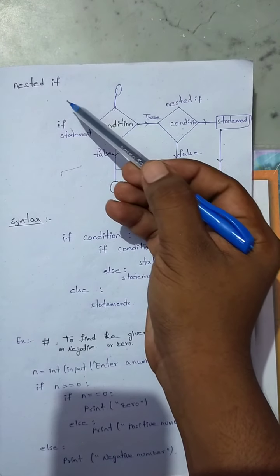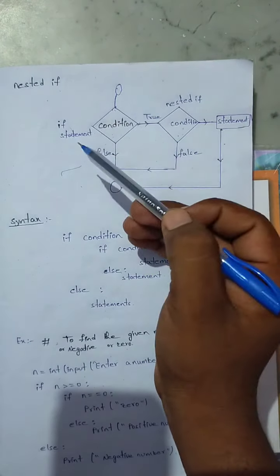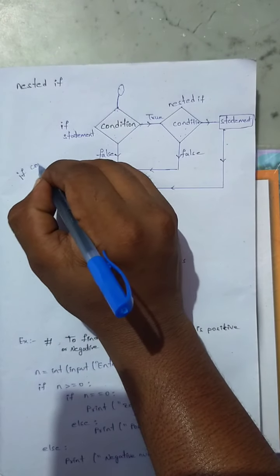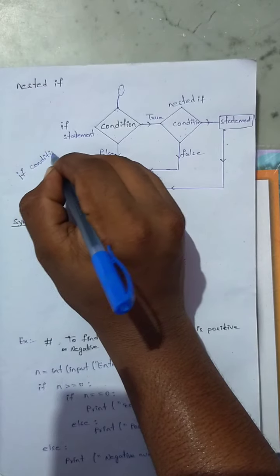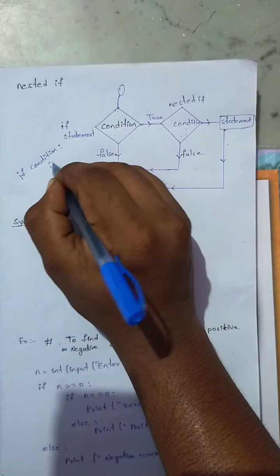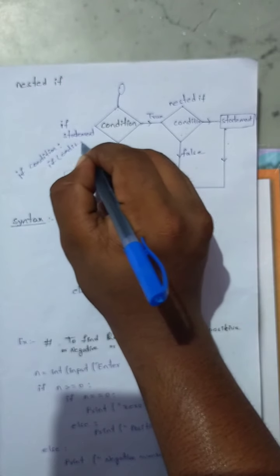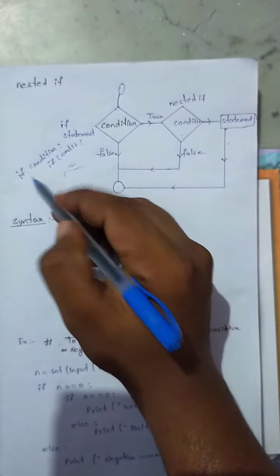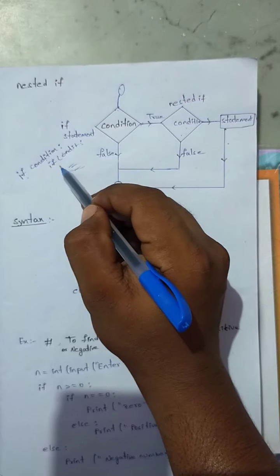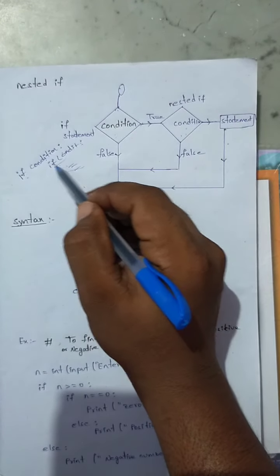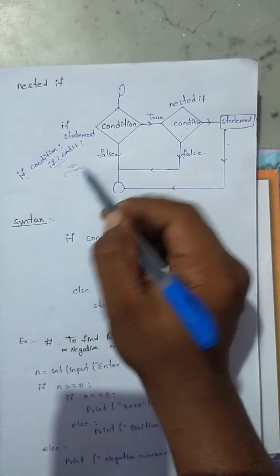Now, nested if. Nested if means an if within an if. It is an if condition, and inside it another if condition, with statements. If the condition is true, then execute the inner if condition. An if within an if is called a nested if.